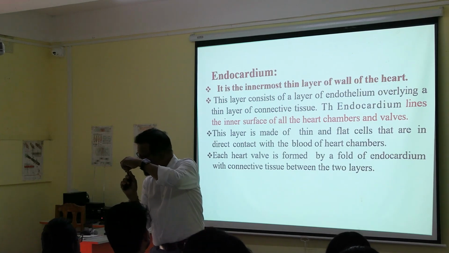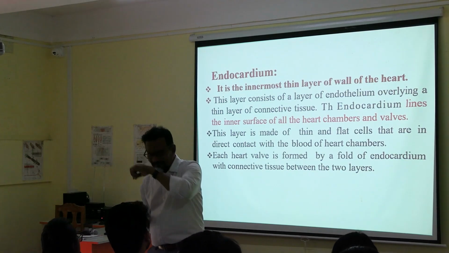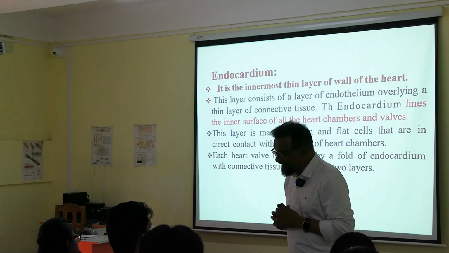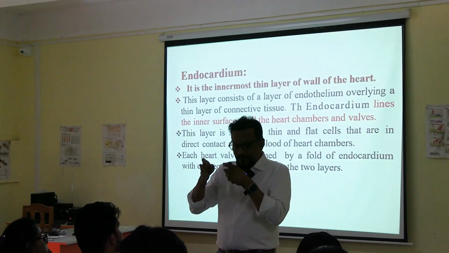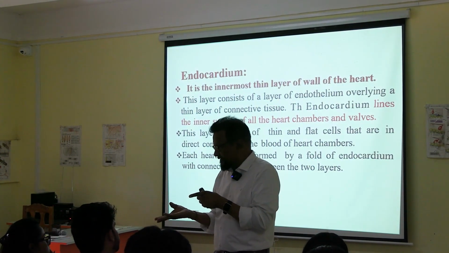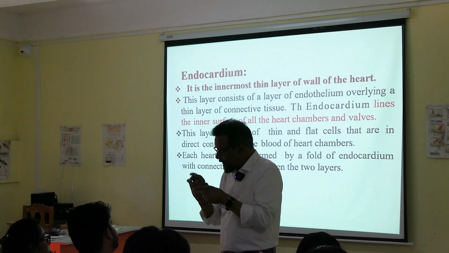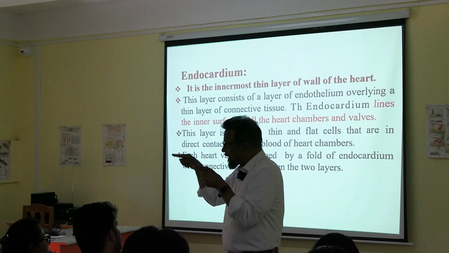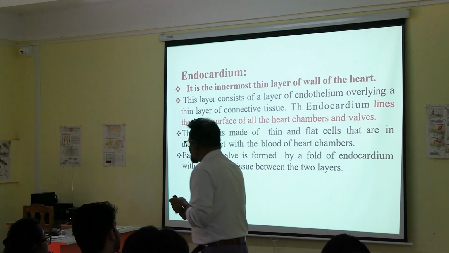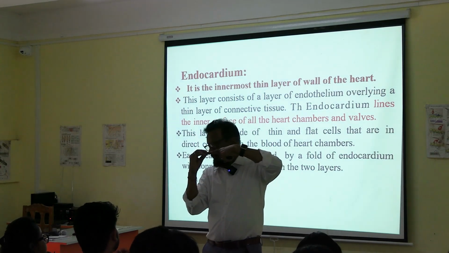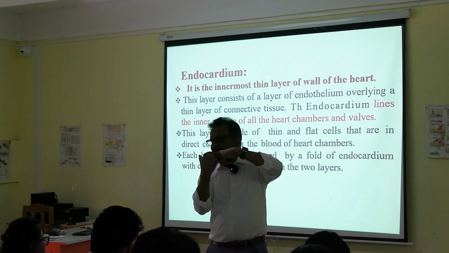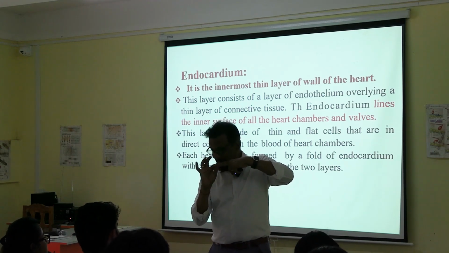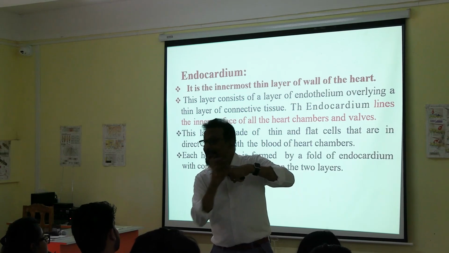Now you can make a valve with this. The valve leaflets, the cusps, are actually made up of 3 layers. Within outer and inner, this folding. Suppose this is the valve: this layer and this layer are epithelial tissue, and within, like a sandwich, is connective tissue.